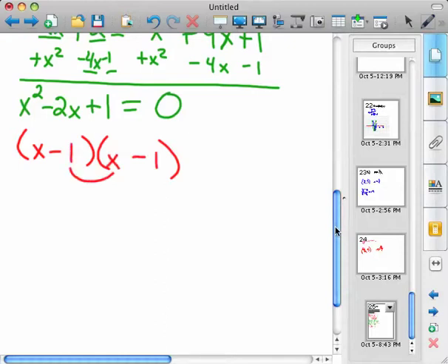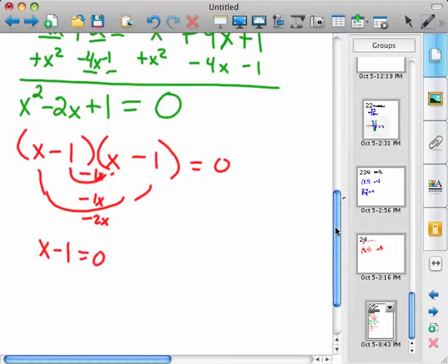If you check your answer, you've got negative 1x and negative 1x, which is negative 2x. So it factors. So we know we have a double root here. So we know x minus 1 is equal to 0, or x is equal to positive 1. So we found the x coordinate.